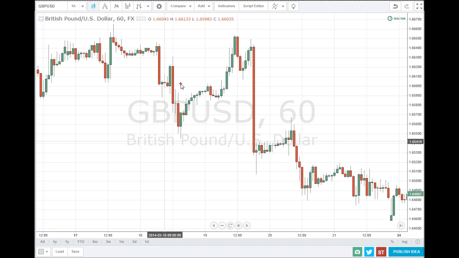If we wanted to trade engulfing candles, we have a bullish engulfing candle here. We could have gone long right here and we would have made a nice loss. There's a bearish bar here. We could have gone short there and we would have made a nice loss as price went on the upside.